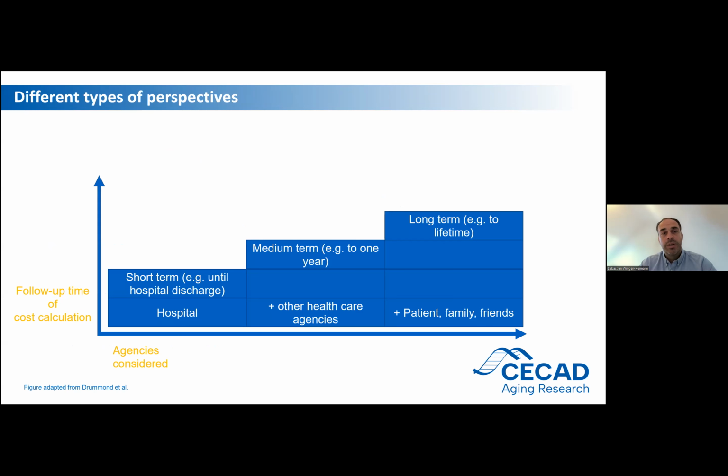And last but not least, we can also look at different types of perspectives. On the x-axis, you see the agencies considered, and on the y-axis, the follow-up time. The shortest duration is the short-term perspective. For example, we look only at the inpatient treatment period in the hospital. The medium-term perspective means that other healthcare-related agencies, for example rehabilitation facilities, are also included in this cost calculation.